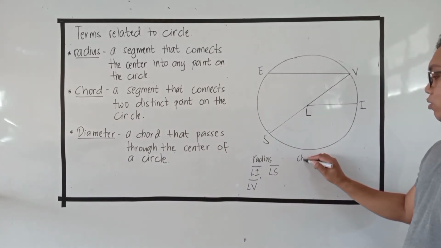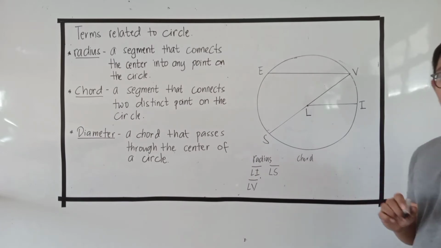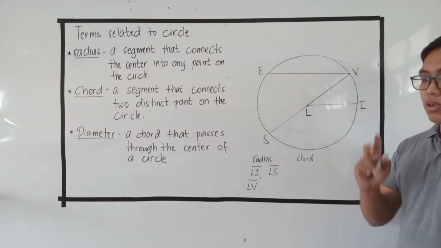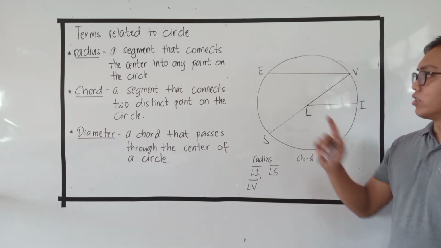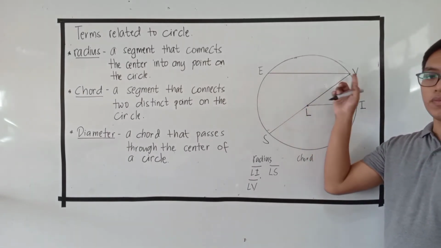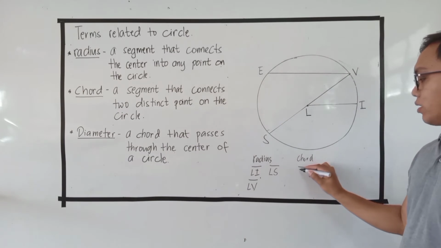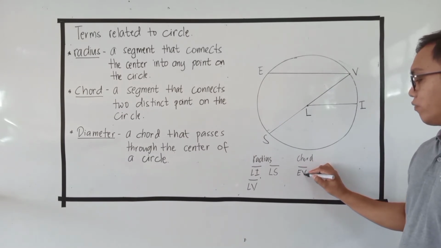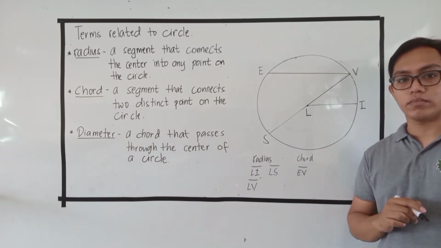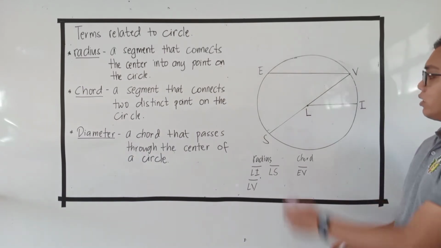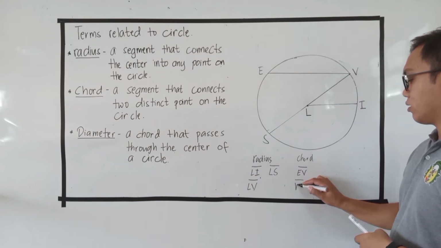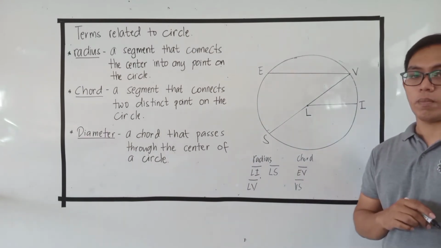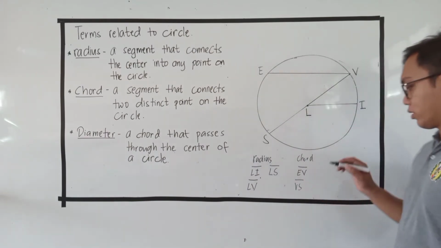How about chord? It connects two distinct points on the circle. So we have E, V, line segment EV. Another one, line segment VS. And lastly, diameter.